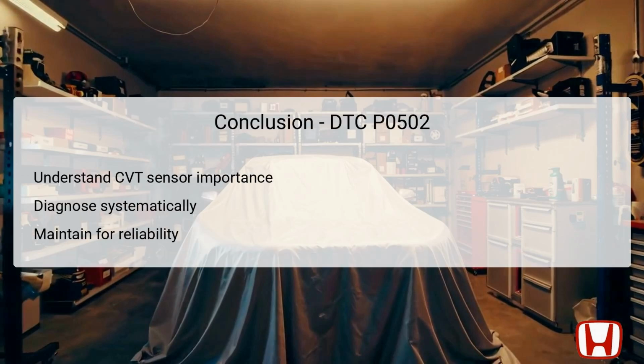In conclusion, addressing DTC P0502 effectively requires a thorough understanding of the CVT speed sensor's crucial role in vehicle operation. By diagnosing systematically through each troubleshooting step, technicians can accurately identify the root cause of the problem.